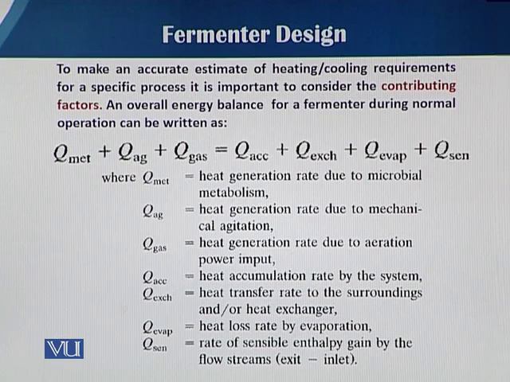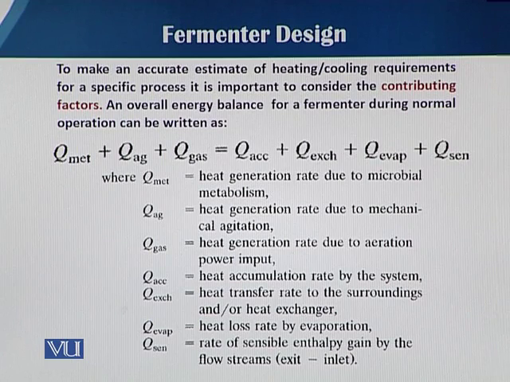On the other hand, Q accumulation is the heat accumulated by the system. Q exchange is the net change, the actual difference between the addition and the subtraction of heat in the system. Then Q evaporation means that when there is evaporation, heat loss occurs.